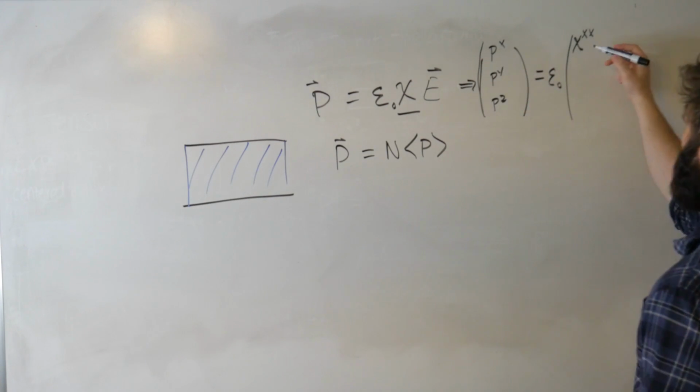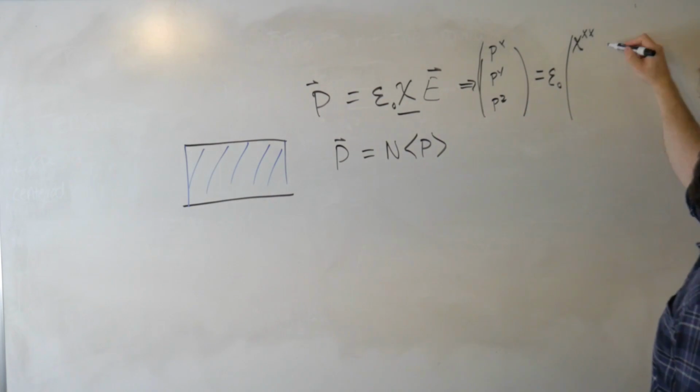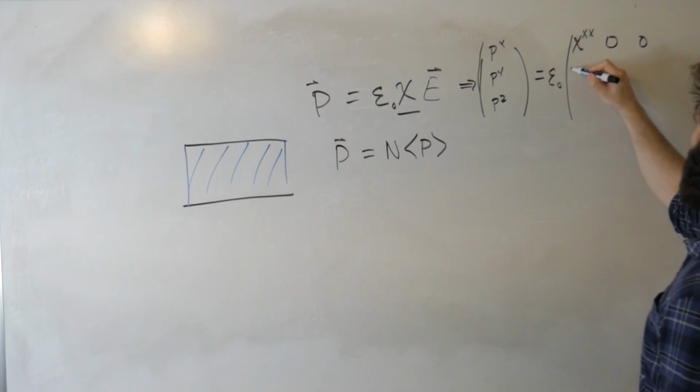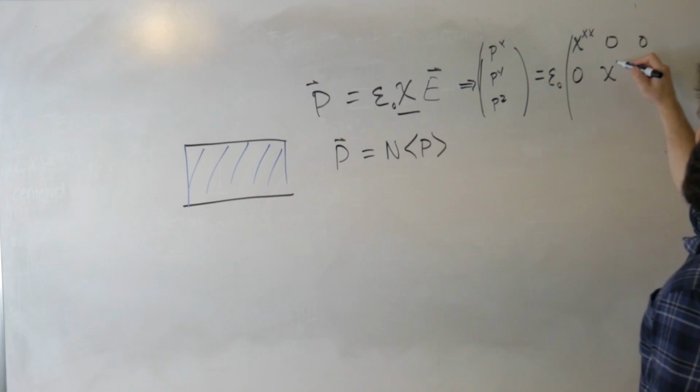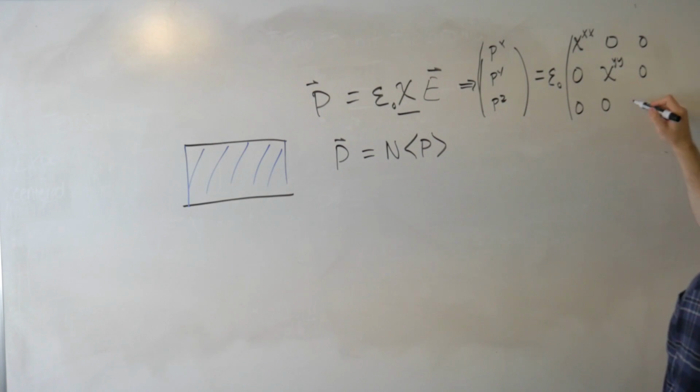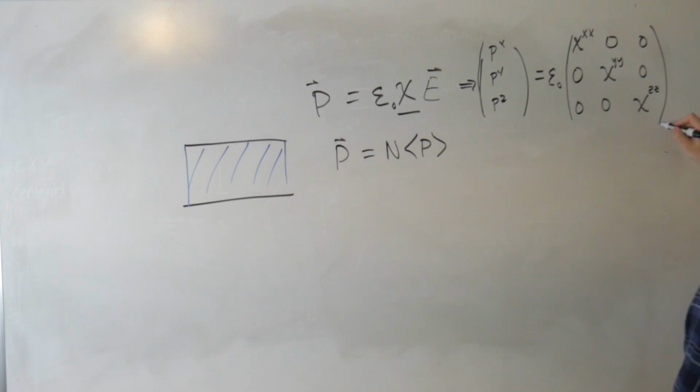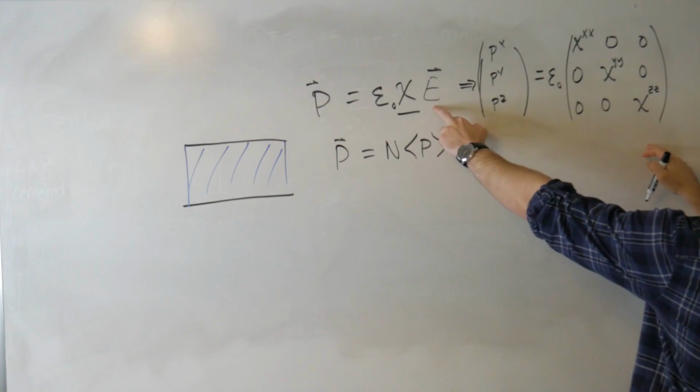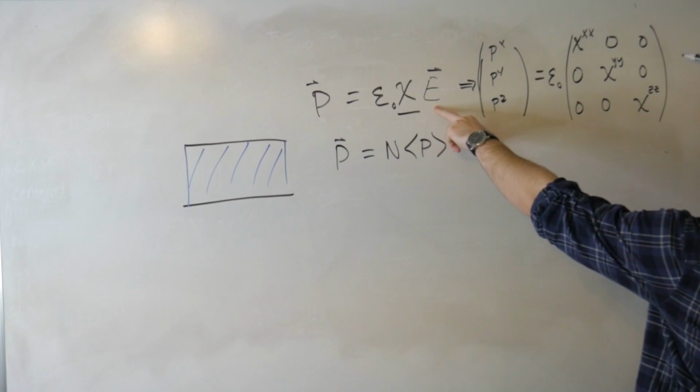In other words, we have chi xx, 0, 0, 0, chi yy, 0, 0, 0, chi zz, times our column vector that is the electric field.